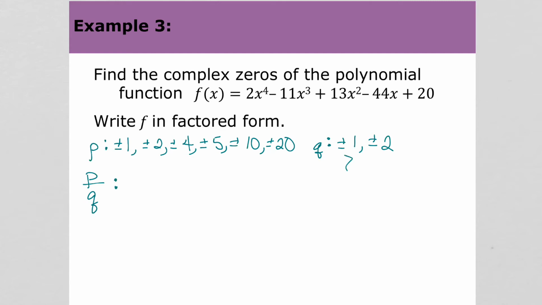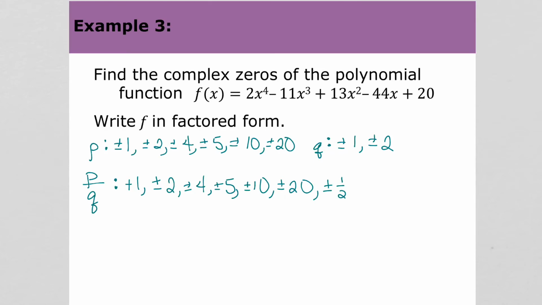So first we put everything from P over 1. So we're just rewriting what was up with P. And then everything of P over 2. So we have plus or minus 1/2.